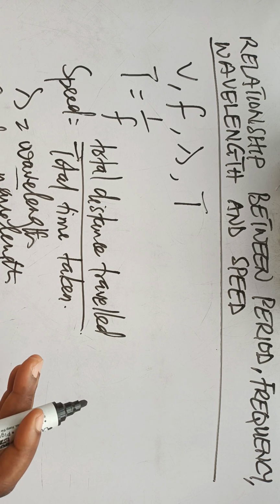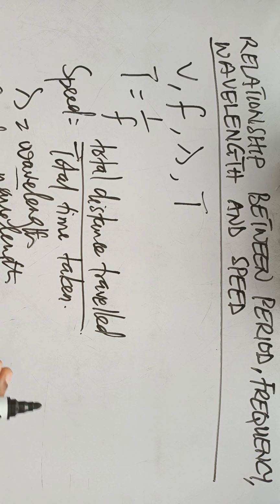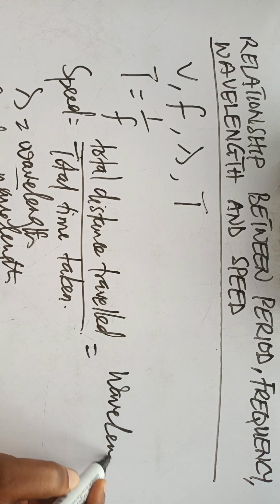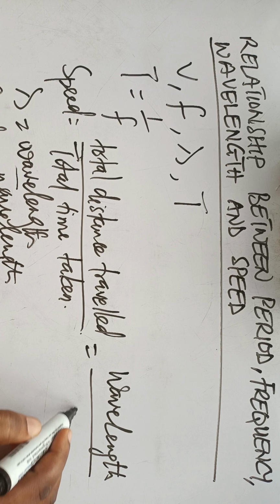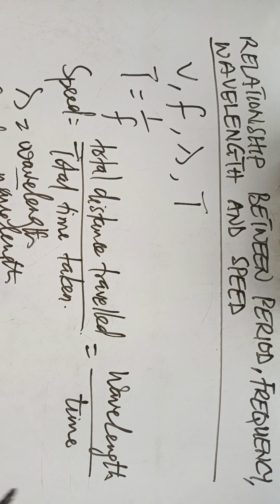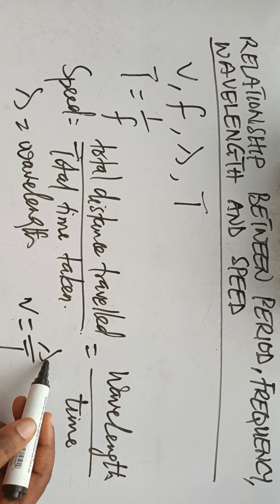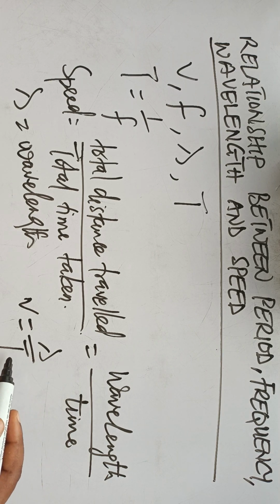So v, indicating our speed, is equal to wavelength over the period. Wavelength for our distance traveled and the time for our period.